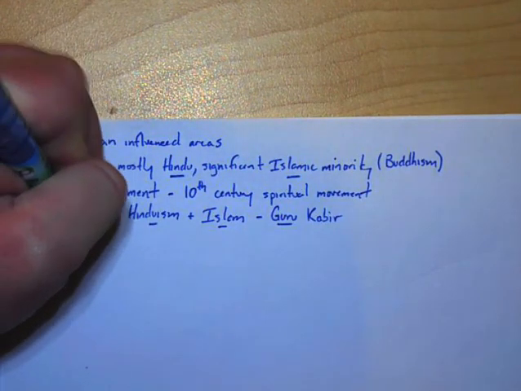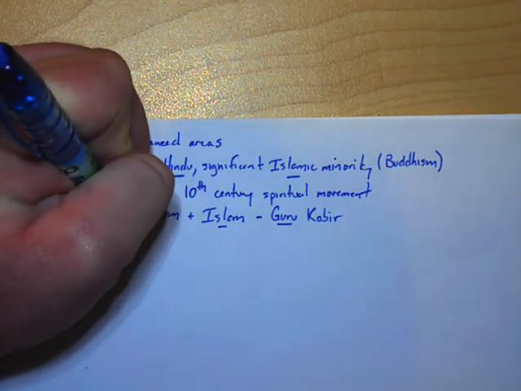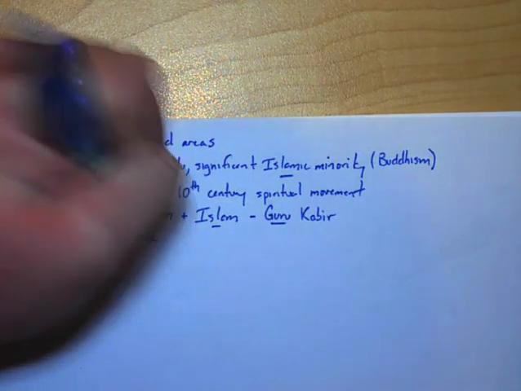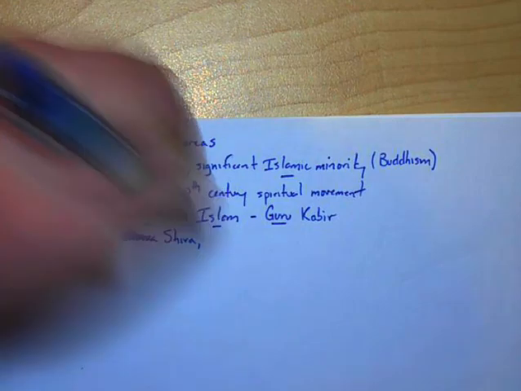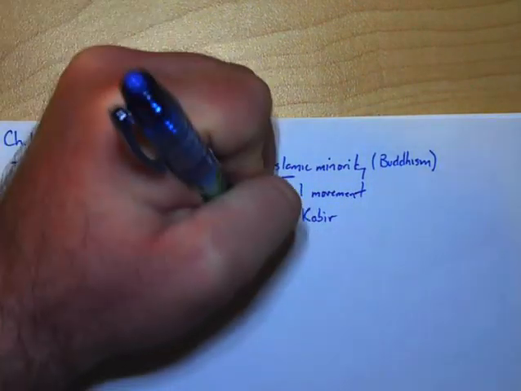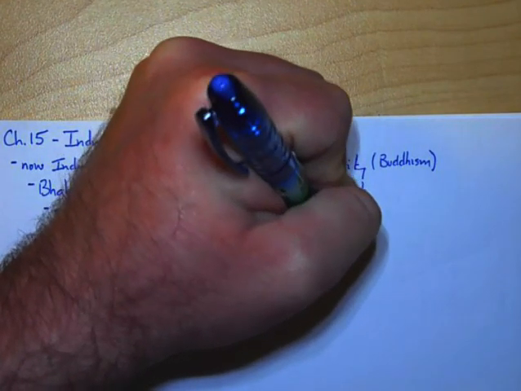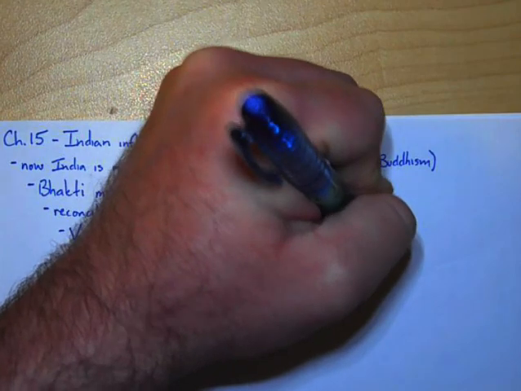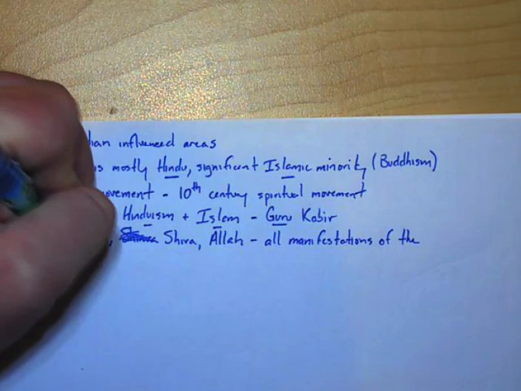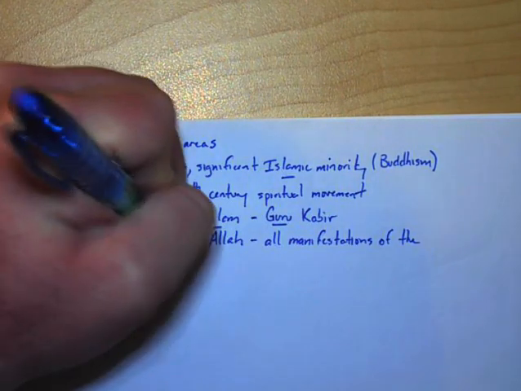So Hindu gods like Vishnu or Shiva, let's spell that correctly, Shiva, and Allah are all different manifestations of the same universal deity.